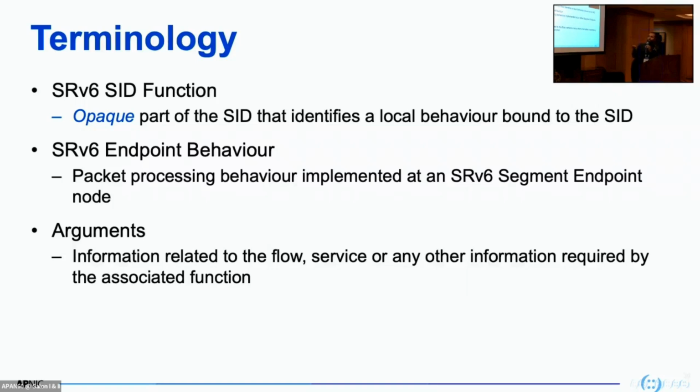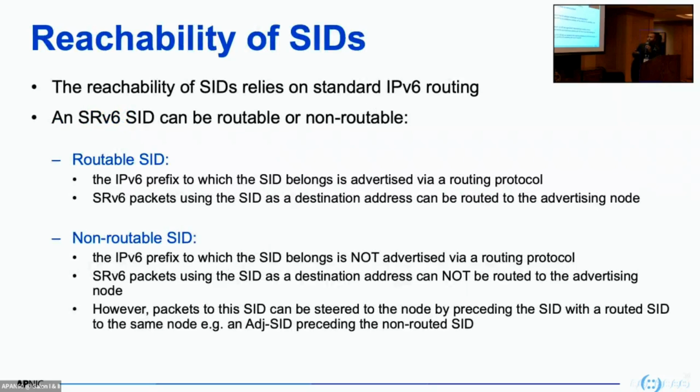You will see why it's opaque, but it's the local behavior related to the endpoint, and the seed will define what type of actions it's going to take. There are two types of seeds. One is called routable, the other one is non-routable. Remember I said global seed means you want to tell people about this. And the non-routable is the local one. You don't need to tell everybody. It's the endpoint who needs to know about it. That's it.